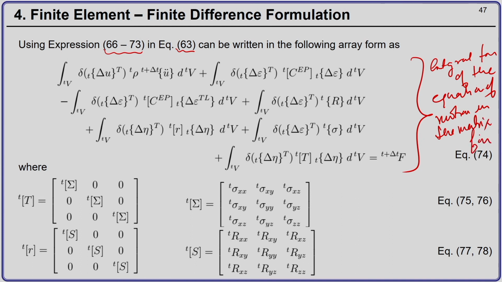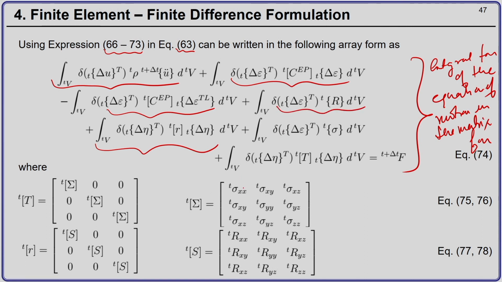You have this inertia term over here, and then you have this coupled term because of the temperature and the mechanical field. This is thermal and mechanical, and this is the purely thermal field.